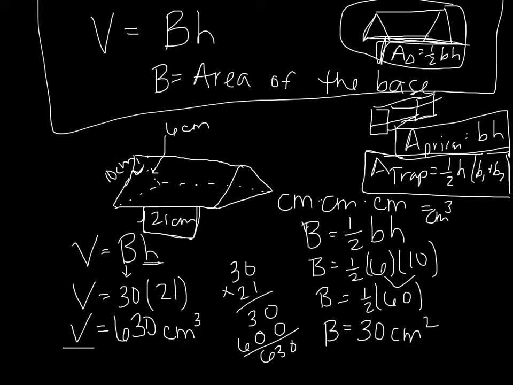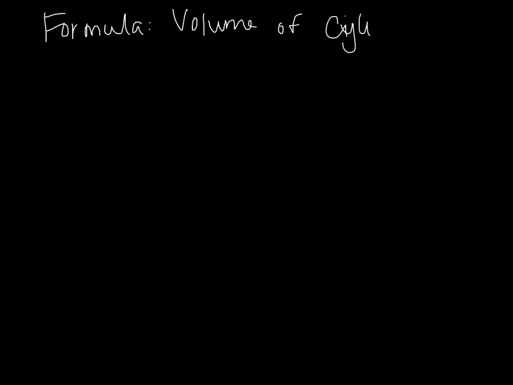Let's try a cylinder. Okie dokie, you'll notice that the formula for the volume of a cylinder is the exact same thing as the volume of a prism: the area of the base times the height.